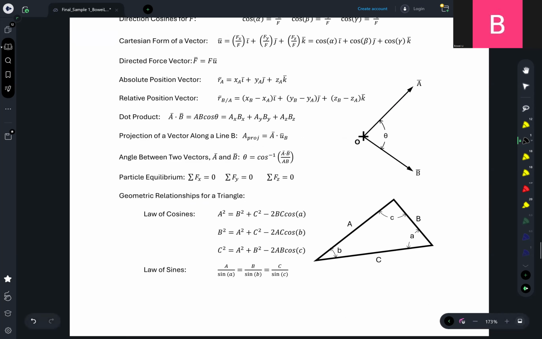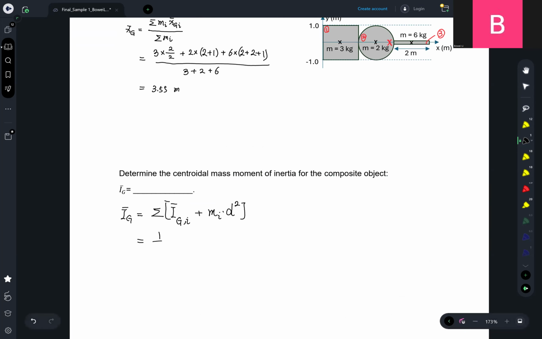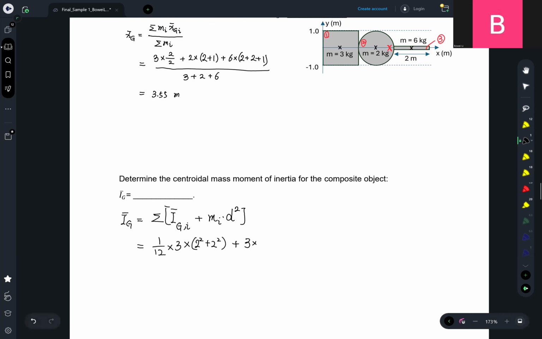So it is actually 1/12 times the mass of the square, which is 3, times the summation of squares of the two sides, and both are actually 2 since it is a square, right? And then plus the mass times the square of the distance between the center of mass of the square to the center of mass of the entire object, right?